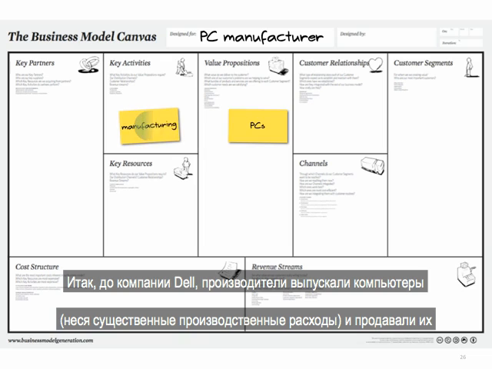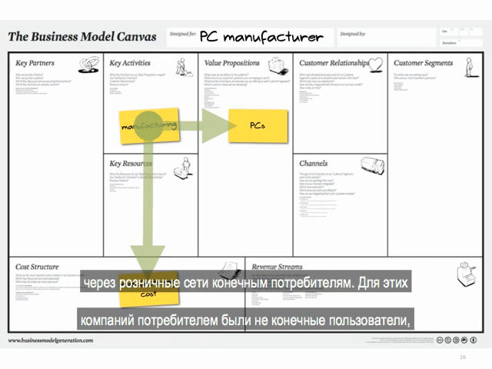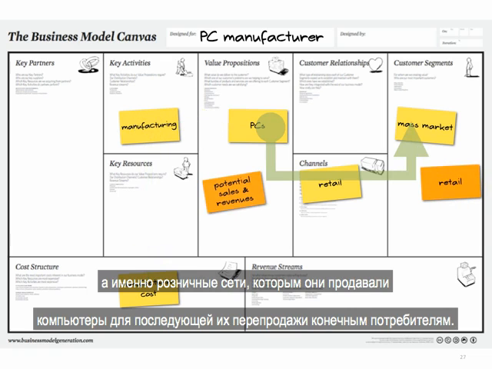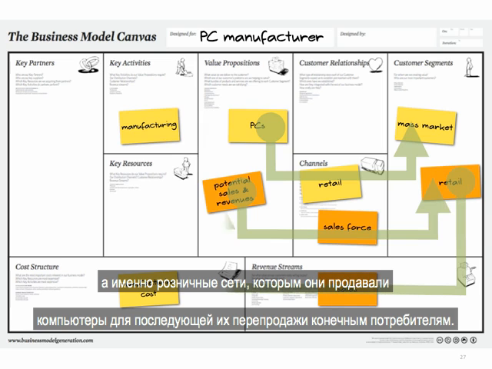PCs were manufactured and then, well, obviously produced a lot of manufacturing costs, were sold through retail to the mass market. And in fact, to model this correctly, the real customers of the PC manufacturer is retail, and they earn money from retail who pay them for the computers bought.